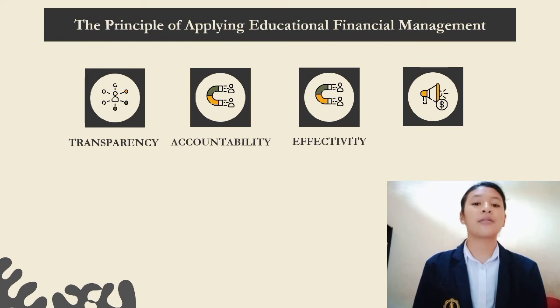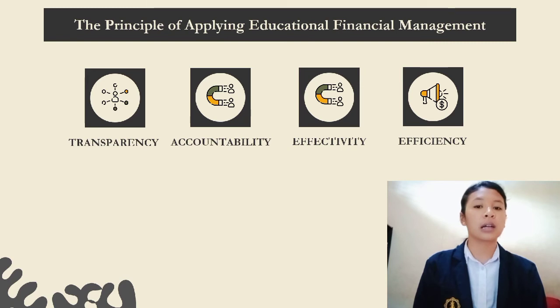The next is effectiveness. Effectiveness means you have a responsibility to manage all the finances in an effective way, so the finances will not be wasted. And the last is efficiency.